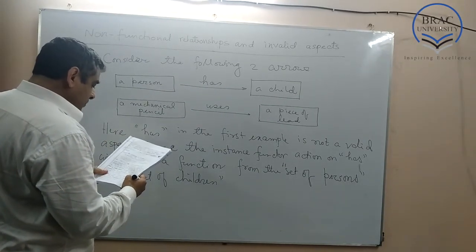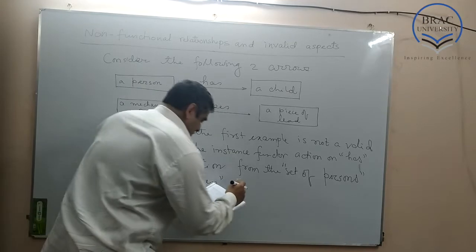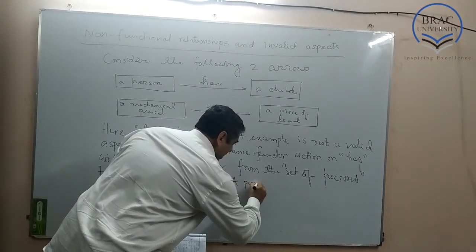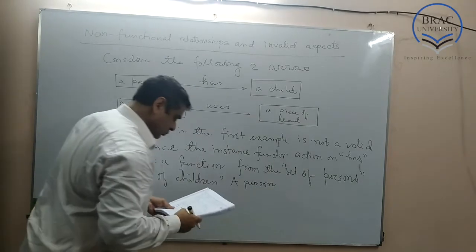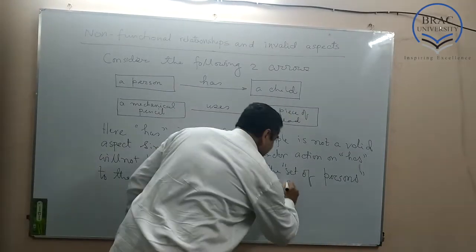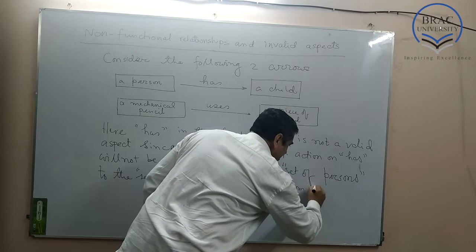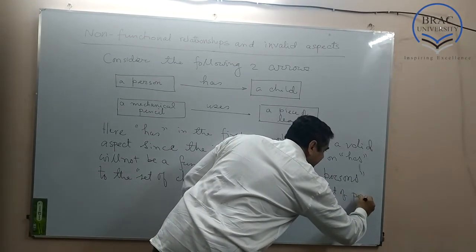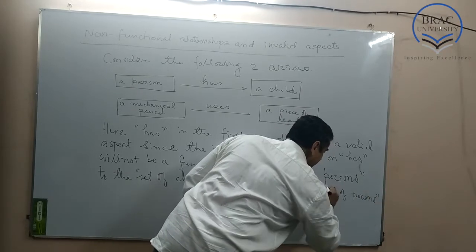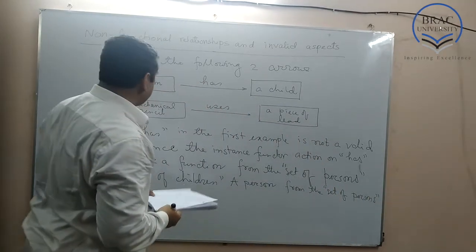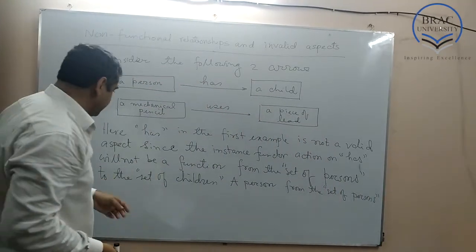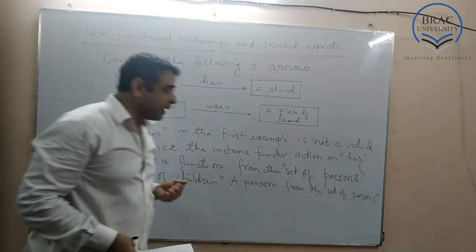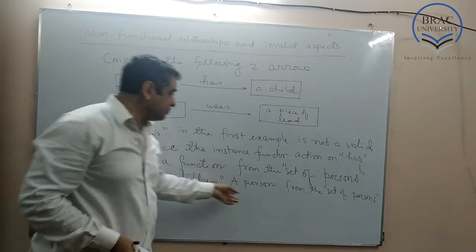So why is it so? A person from the set of persons, what I mean is a member of this set. This is a set, and I'm picking up a member from this set, which is a person.